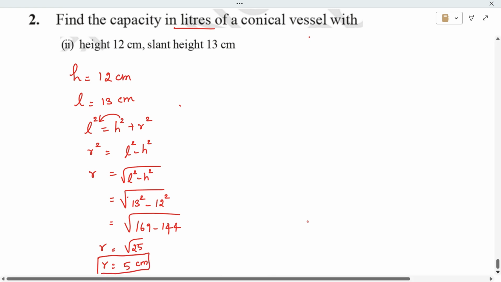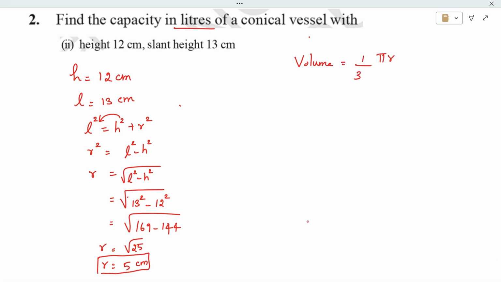After determining r, I need to substitute in the volume formula. Volume is equal to 1 by 3 pi r square h. So I'm going to substitute the values of pi, r and h. r square is 5 times 5, h is 12 centimeter, isn't it? So now is there any possibility to cancel? 3 times 4 is 12, yes.